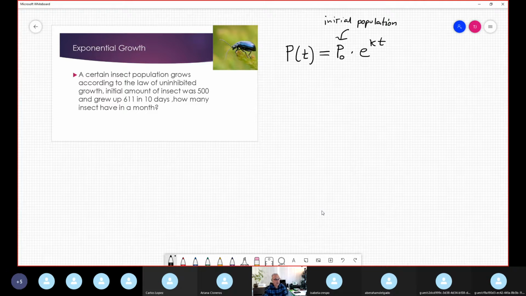And k is similar to the r in finance. It's like a rate of change at which it is increasing. Somehow it's given, but a little bit higher.